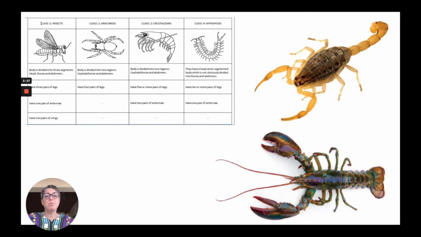Now, arachnids' bodies are divided into 2 regions, and those front pincers are actually on the front region, which is called the cephalothorax, and the legs are on the abdominal region of the body. Legs are always on the abdominal region, and anything that is on what would be considered the head of the organism is not a leg.